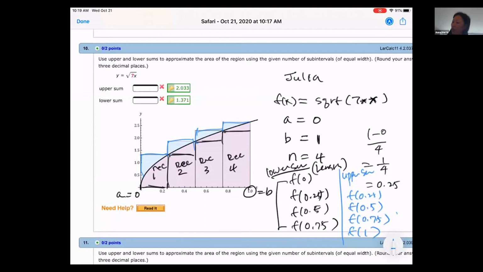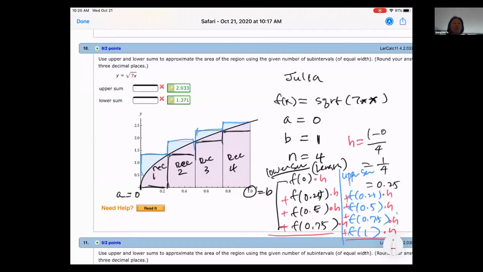Of course, you have to multiply all by what? Width. I'm going to call it h as your width, okay? So when you add them all together, you get your sum.